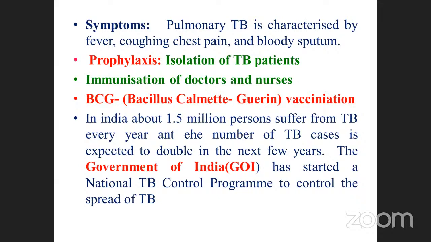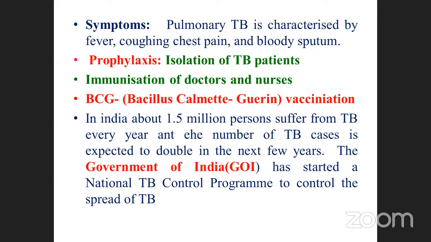Sometimes they may ask questions on the mnemonic, the explanation or expansion, such as BCG. In India, about 1.5 million persons suffer from TB every year, and the number of TB cases is expected to double in the next few years.